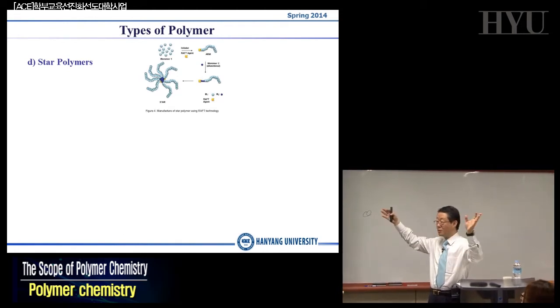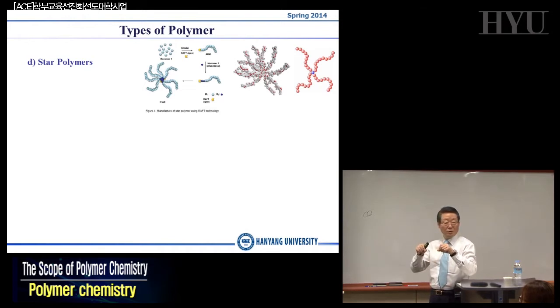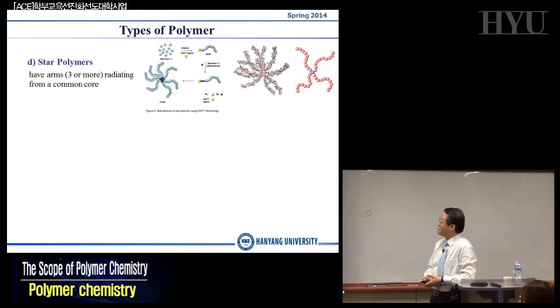You have many arms, and some of the other types of polymer look something like this or like this. So this is the core or starting point of your polymerization. It will grow like a star. Depending upon how many arms you have, you can make different types of stars.